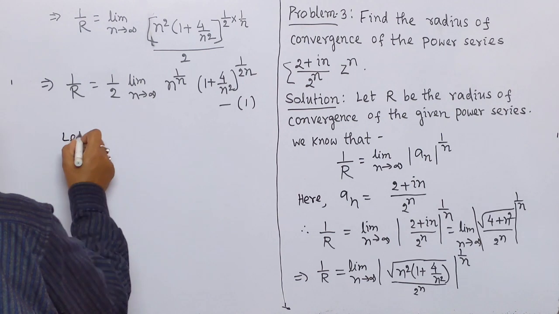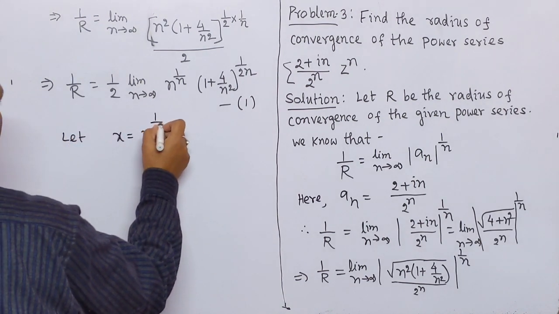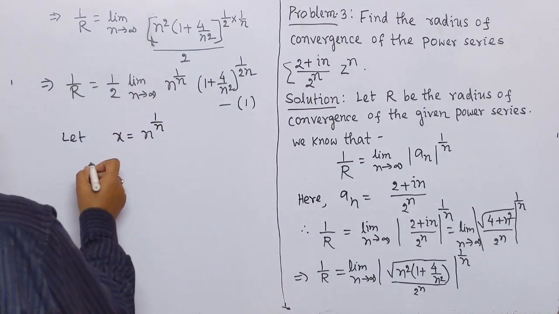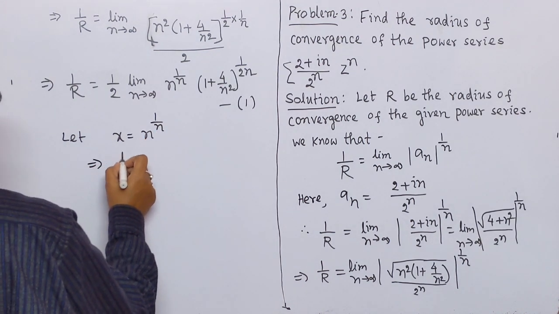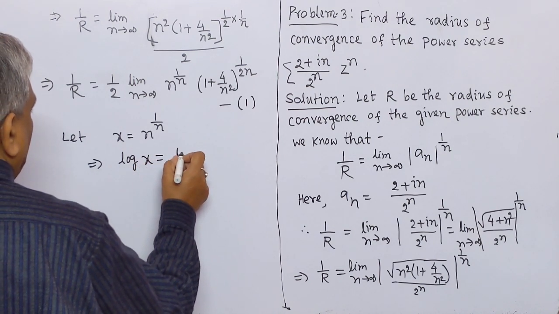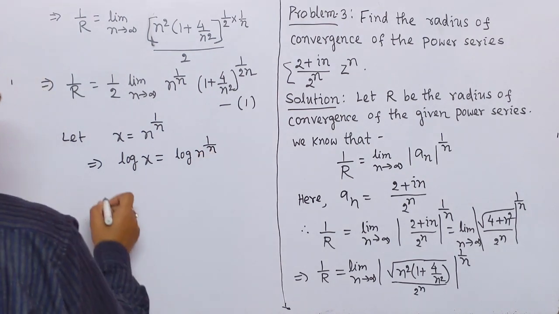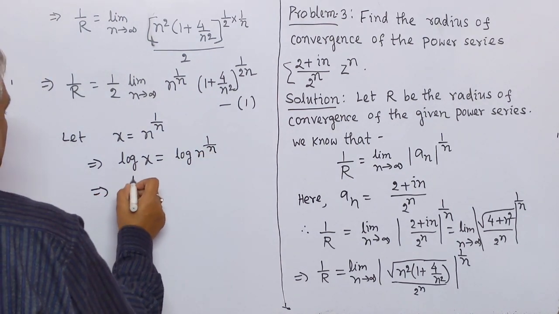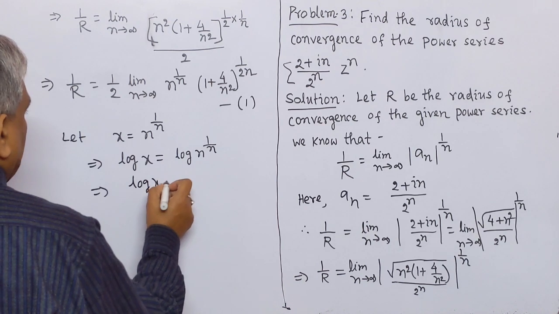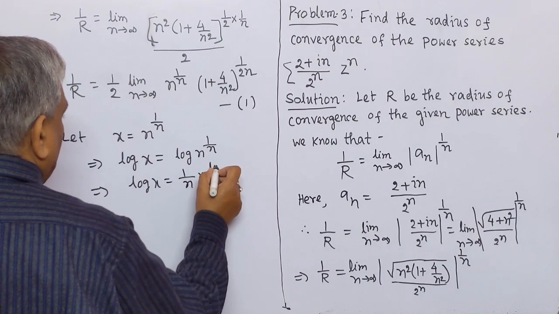Let x equal to n to the power 1 by n, implies that log x equal to log n to the power 1 by n, implies that log x equal to 1 by n multiply log n.